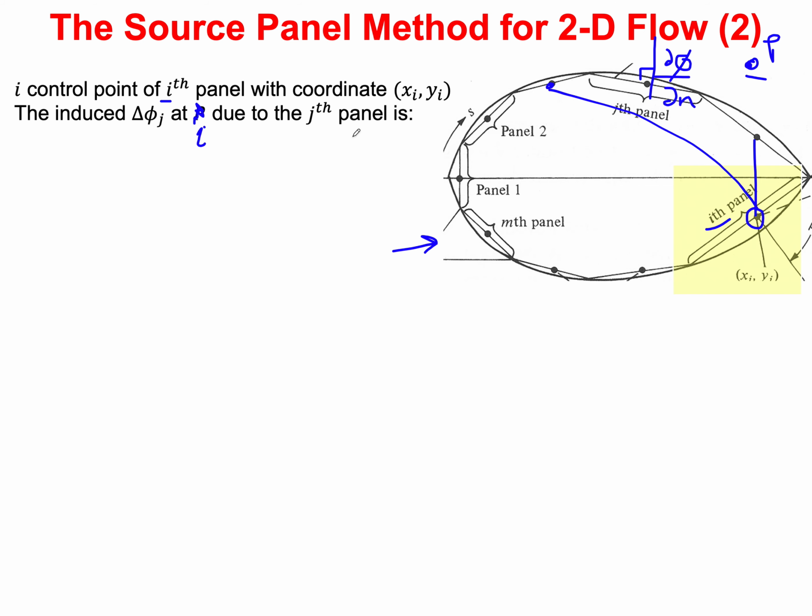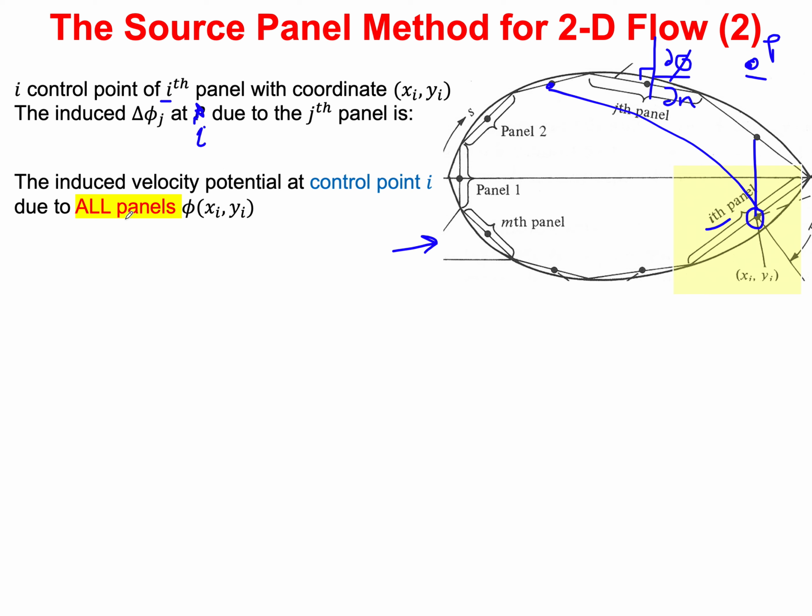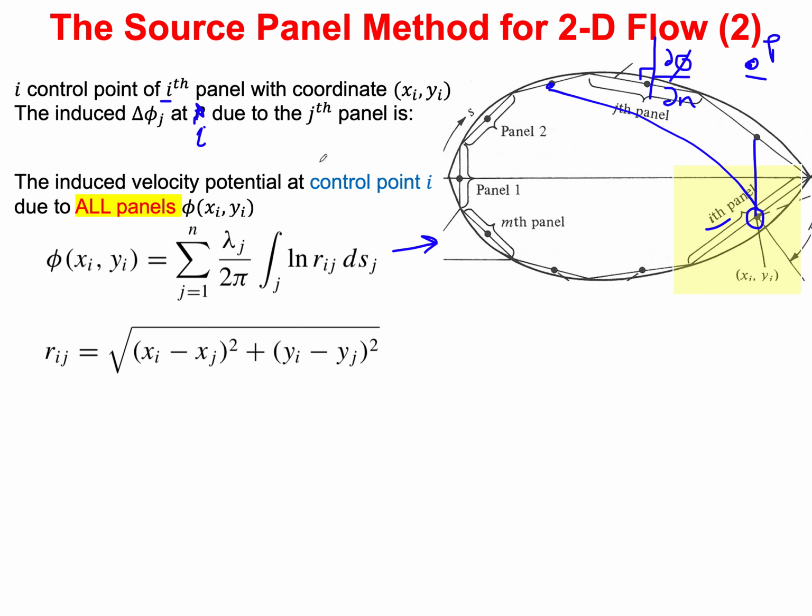Due to the jth panel is going to be, so now I compute the delta phi j, so you can get it from the previous slide, and then I sum them all up.